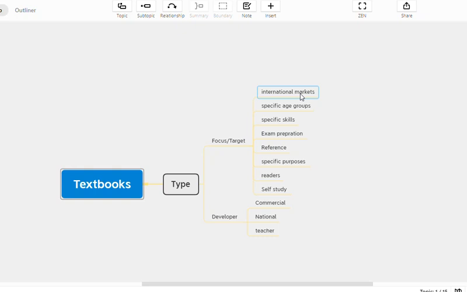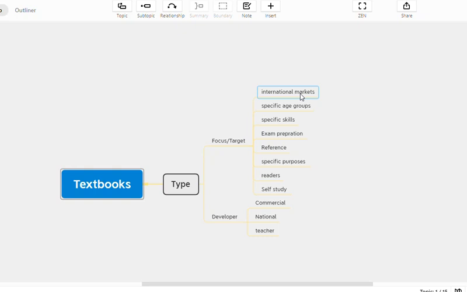These international market textbooks are generally not of high quality mainly because they have not been written for specific groups of learners, and they do not consider the needs and purposes of the actual learners.